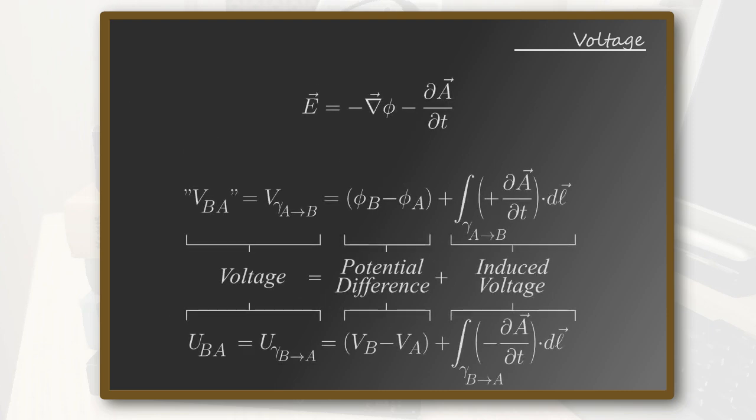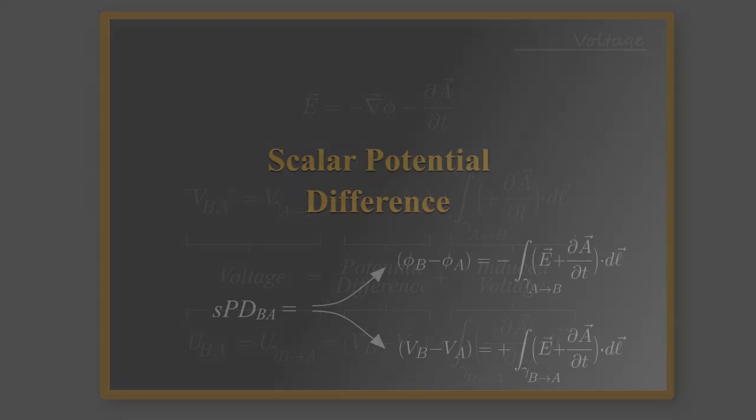Maxwell's equations tell us that voltage is the sum of scalar potential difference and induced voltage, as shown here. Even if voltage can reduce to or behave like a potential difference, you should resist the urge to consider these two quantities to be the same. They are not.